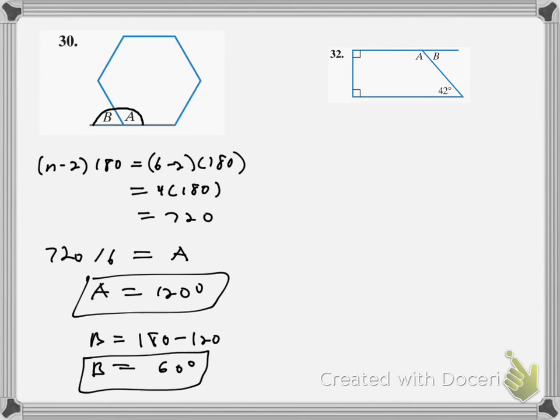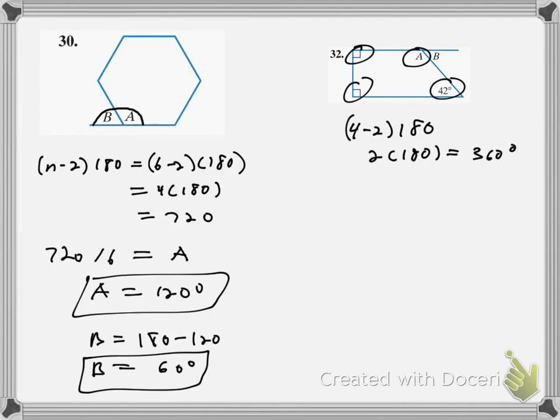Okay, there's that one. We know in this next one that all 4 of these angles have to add up to 360 because we already established this is a quadrilateral, so the sum of the angles is n minus 2 times 180, and there's 4 sides.